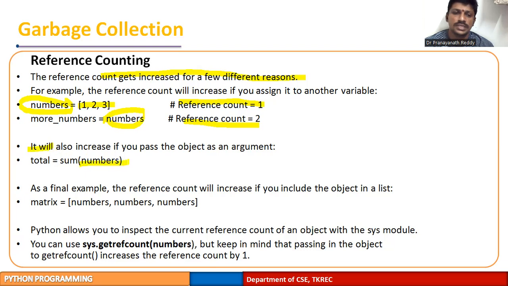So again the count becomes 3. As a final example, the reference count will increase if you include the object in a list. So this is again one more time. It keeps on increasing. To get how many times it has been used, you can use get reference count of that particular number. Okay. It will give you how many times it has been referred.